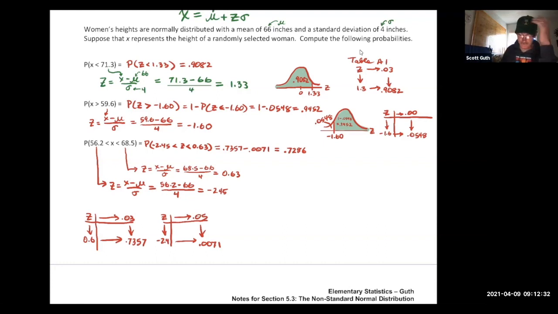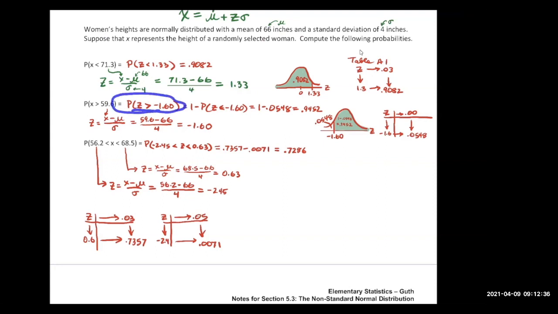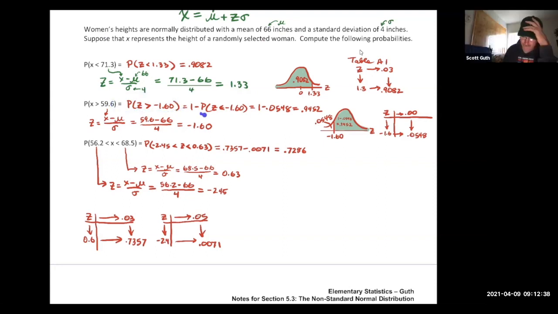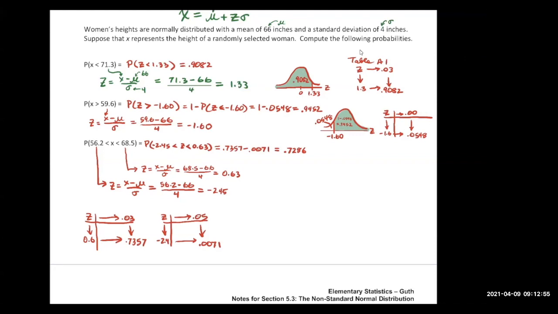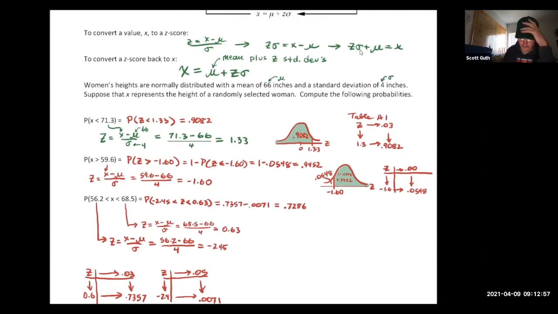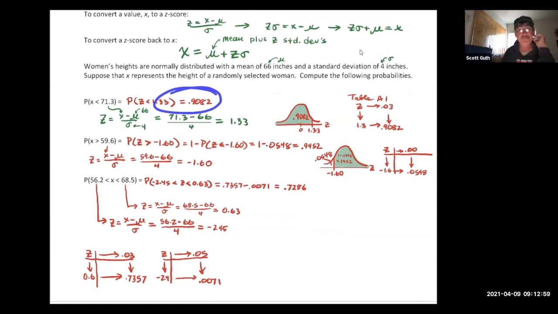First you look up a z-score, and then in some cases you have to subtract areas, but you're not subtracting z-scores. You're looking up z-scores to get areas, and then sometimes you have to subtract areas. There's two cases where you subtract and only one case where you don't.